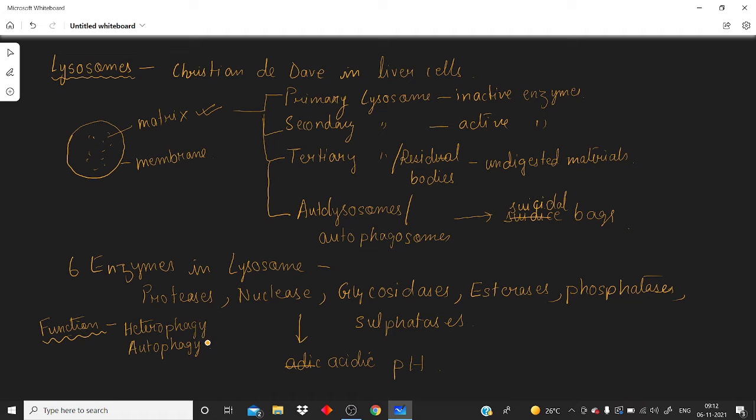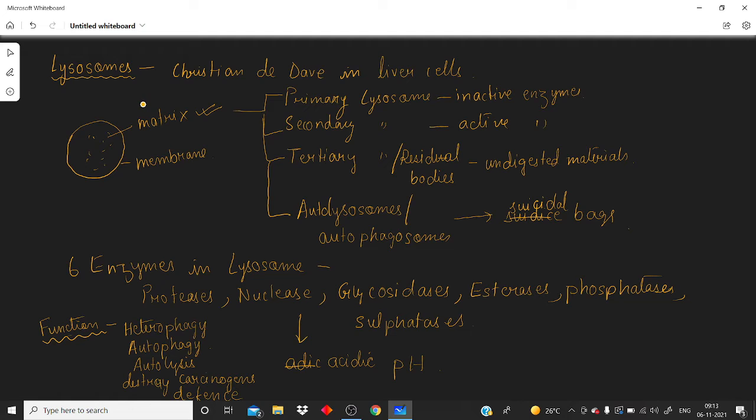Then there is autolysis, breaking down of its own cells or different organelles of the cell. Then they also destroy carcinogens. Carcinogens are substances which cause cancer, and as a defense organ, they are very important in the cell.